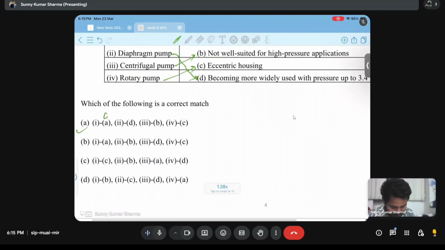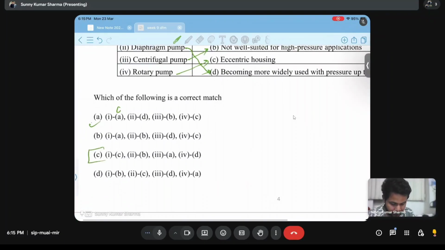No, sir, this option is only not there. Oh, this option is not there. I'll cross check and let you know. Okay.